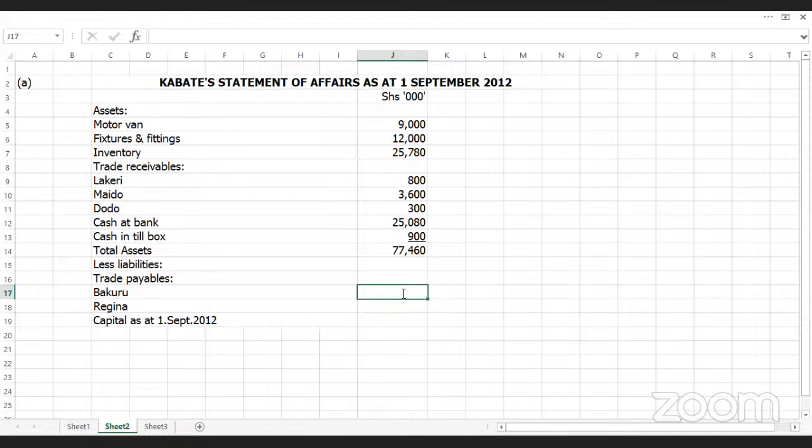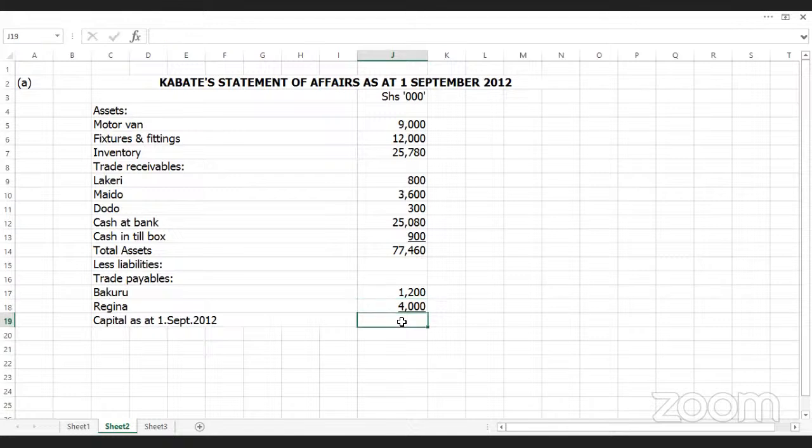Then Regina, 4,000. So now what we do is take our total assets minus the liabilities to arrive at what we call the capital as at 1st September 2012.